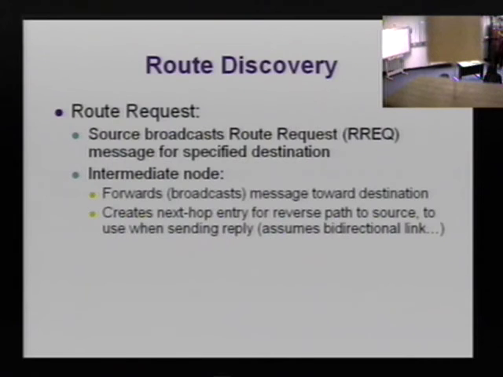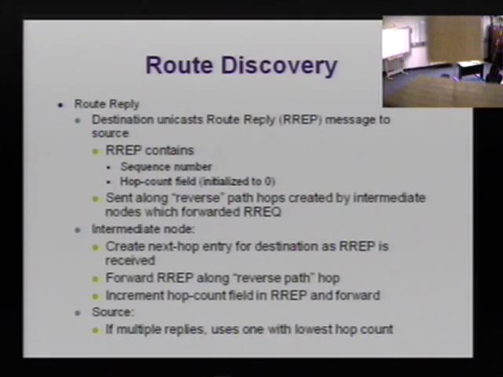Route request is again flooded, same thing. It's broadcast towards the destination, and as it goes, the other nodes set up the backwards route to the source. The destination, again, unicasts a route reply message.